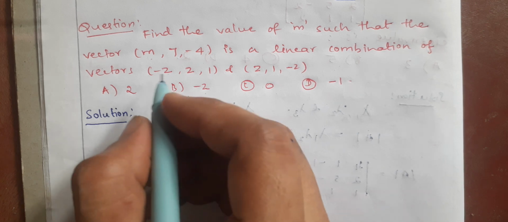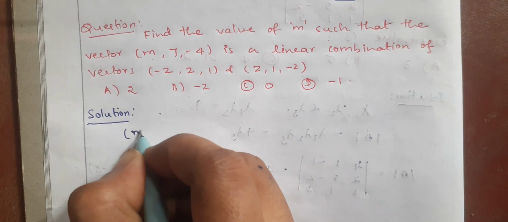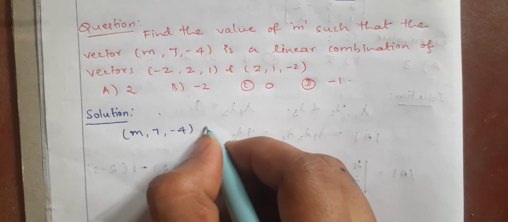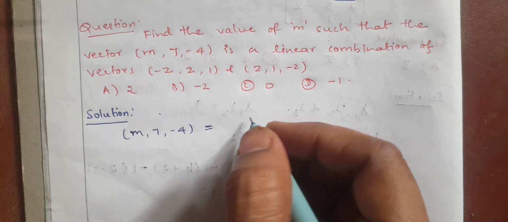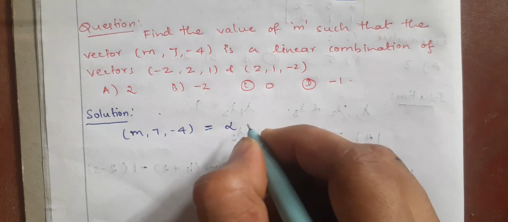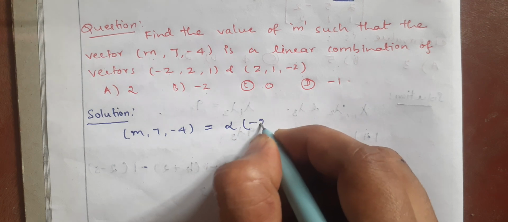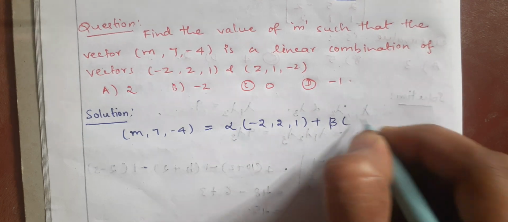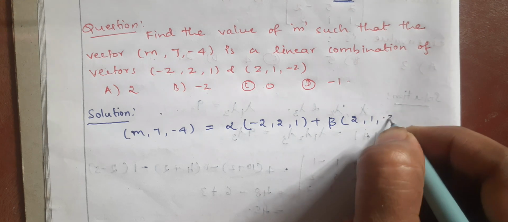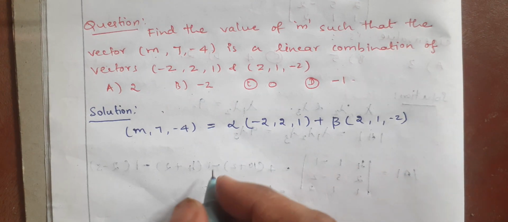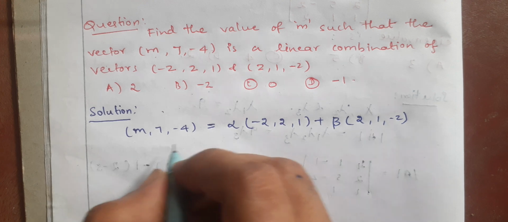So let us write the vector (m, 7, -4) as a linear combination of the given vectors. Let alpha and beta be any scalars. Then this can be written as alpha into (-2, 2, 1) plus beta into (2, 1, -2).